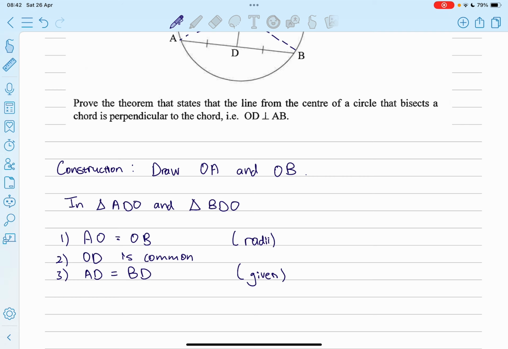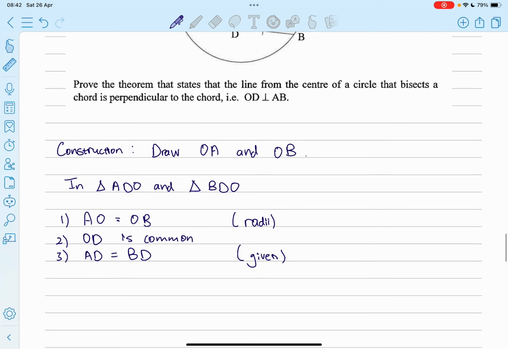Okay, and from there onwards, we are therefore able to prove that triangle ADO is congruent to triangle BDO, and the reason will be because of side, side, and side. We just proved that two sides are exactly equal. Sorry, I meant three sides.